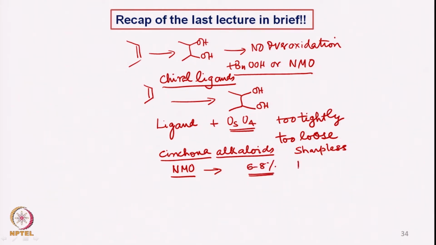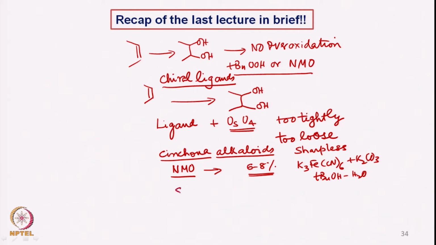So, Sharpless introduced K3Fe(CN)6 and potassium carbonate in tertiary butanol water as a good source for the reoxidation of the osmium tetroxide based byproduct, which is osmium 6, and therefore it is water soluble, and therefore the hydrolysis of the osmium 6 which is ligand bound occurs faster, and then regeneration of osmium 6 to osmium 8 also occurs with this.